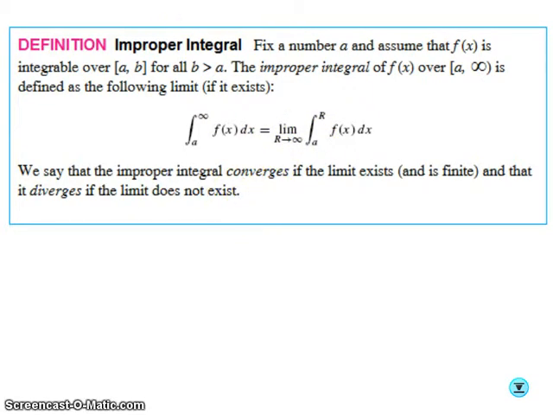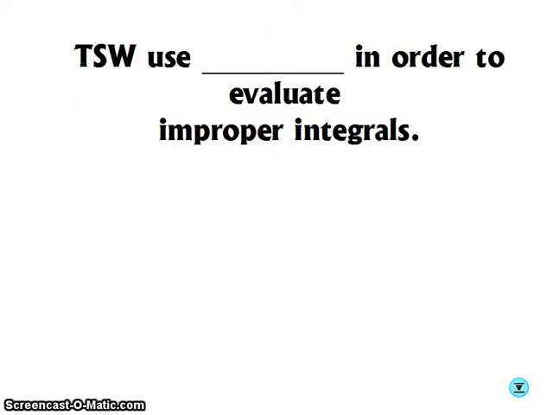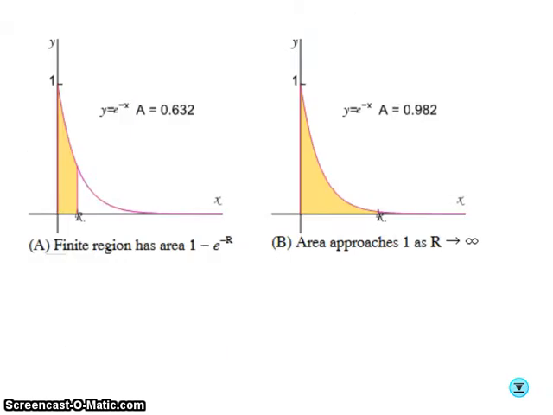We say that the improper integral converges, and we're going to see this idea of convergence over and over again over the next couple of units, if the limit exists, and diverges if the limit does not exist. Let's go back to our objective. Students will use, what are we going to use? You got it, limits, in order to evaluate improper integrals. That's what we're going to need to do. So there's a little introduction to improper integrals.